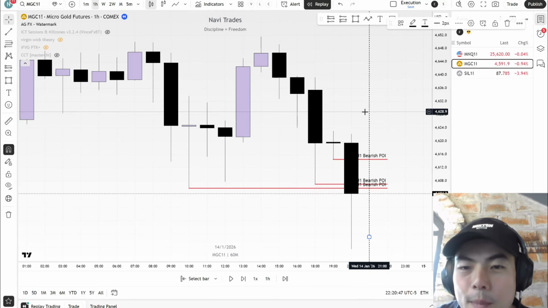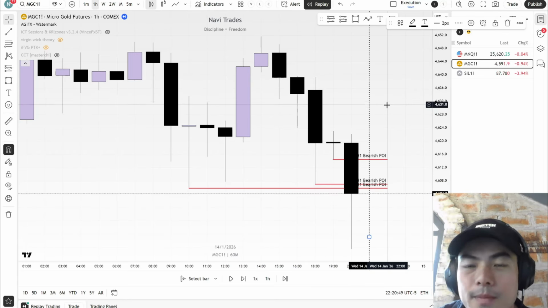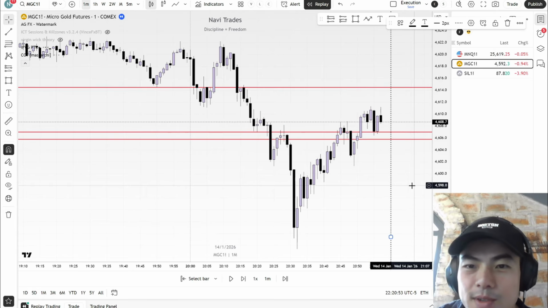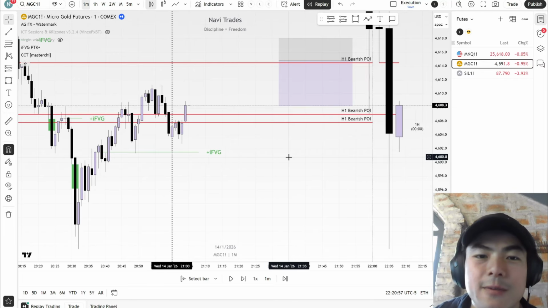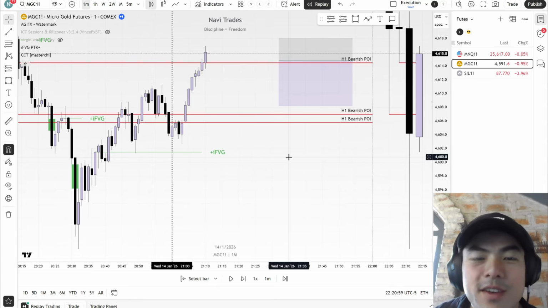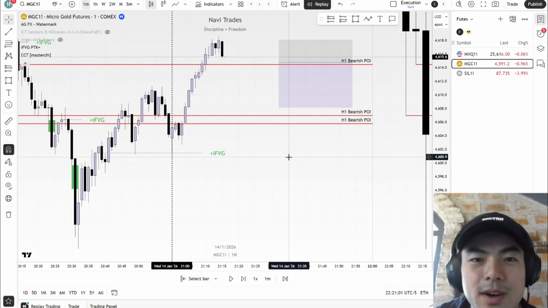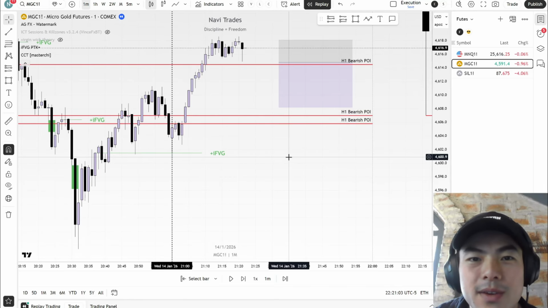So from 9 p.m., you can drop down to the 1 minute time frame and look for shorts if those POIs get engaged. And let's see. POIs have been engaged, no IFVG yet, no IFVG yet. Still waiting. Still waiting.